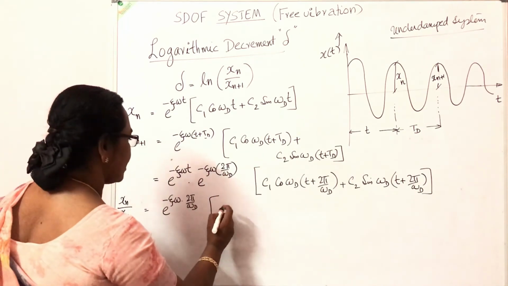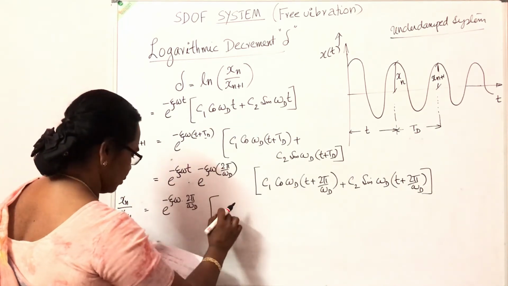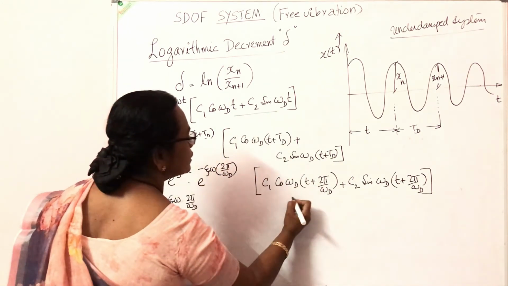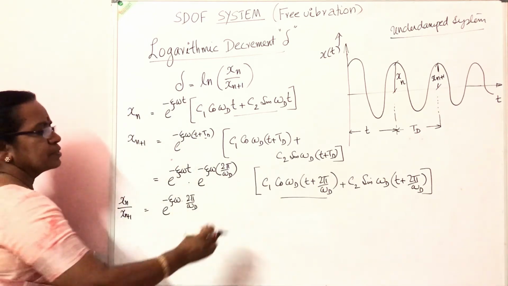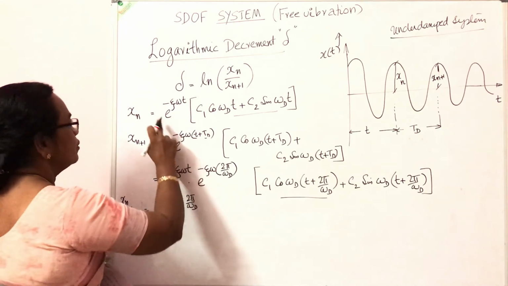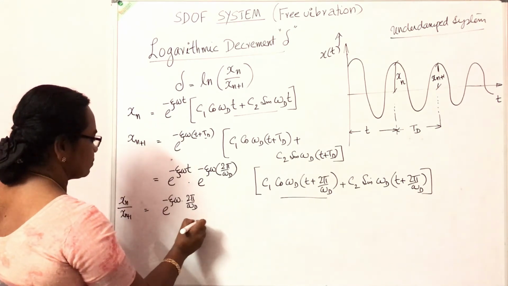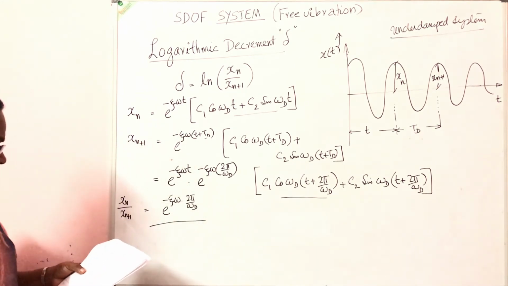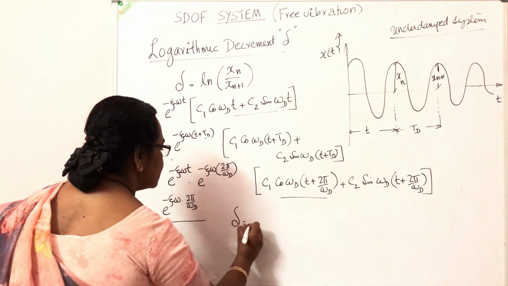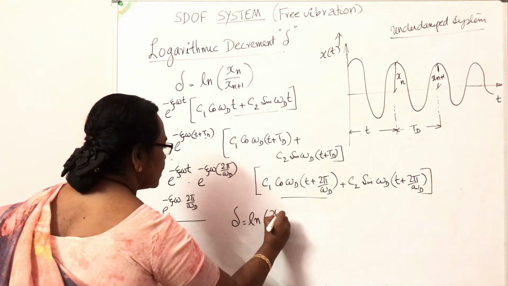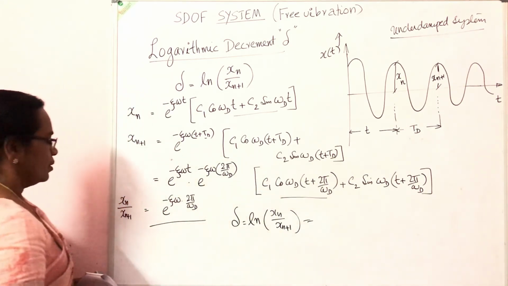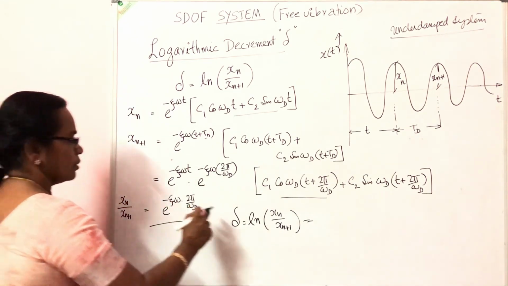So when you divide, these terms are the same, because cos of (omega d t plus 2 pi) is the same as cos omega d t. So dividing x n by x n plus 1, we get e raised to psi omega into 2 pi by omega d, and delta is the natural logarithm of x n by x n plus 1.